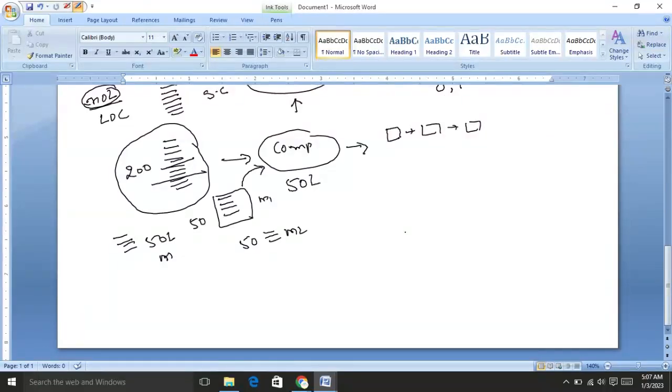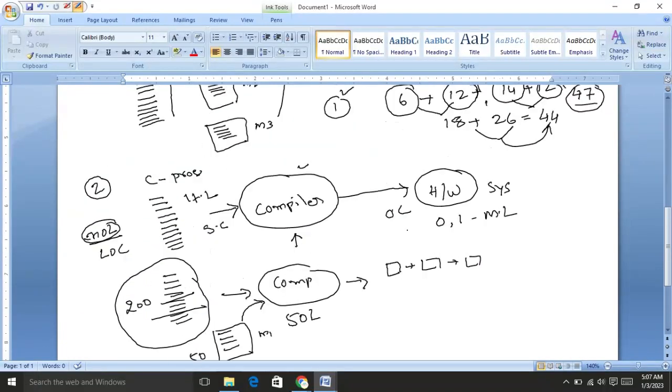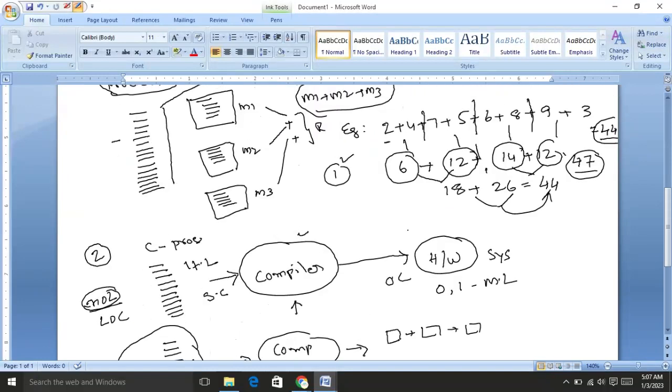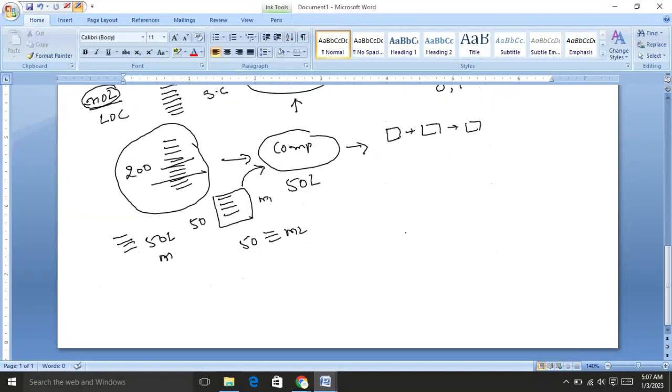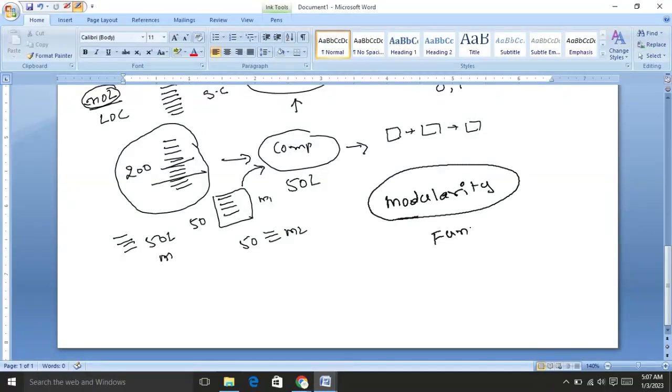So especially for this, there are several uses for functions. The main use of the function is modularity. To get modularity, we are using functions, and we know that functions are of two types in C language.